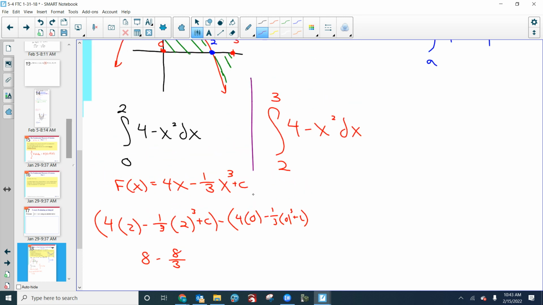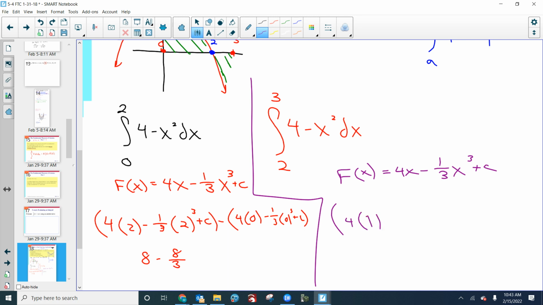Next part. Well, I already know the antiderivative is 4x minus 1/3 x cubed plus a constant. 4 times 3 minus 1/3 times 3 cubed plus a constant, minus. Do I need to do capital F of 2? No, I just did it. What was capital F of 2? 8 minus 8/3.